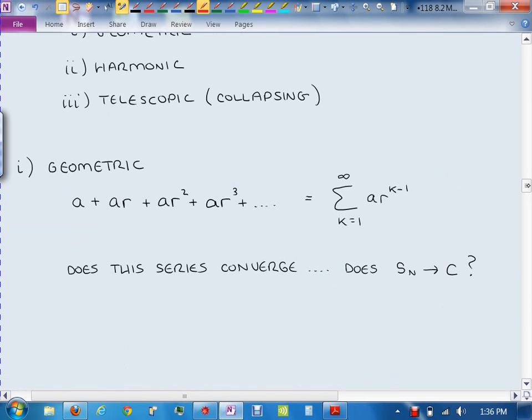Okay, go ahead and take a minute to write that one down. All geometric series look like that.